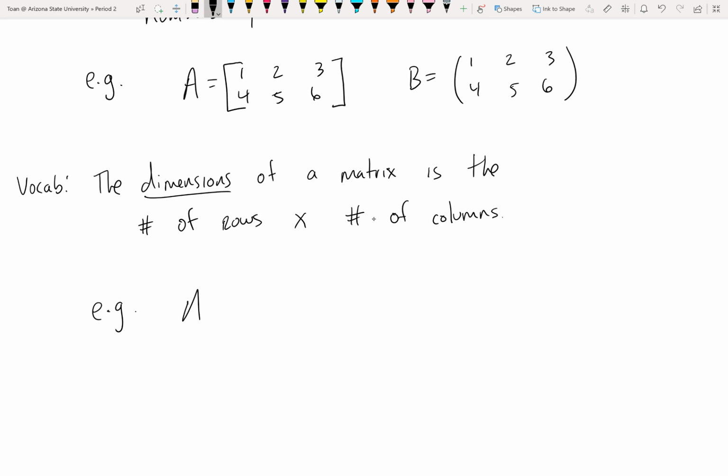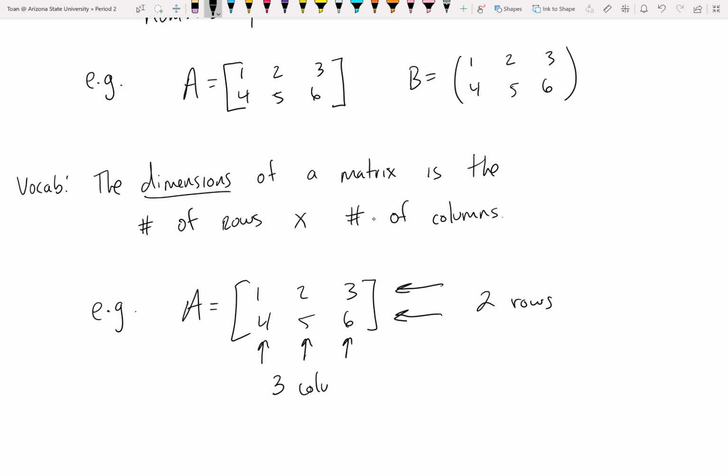Let's use our same example, my non-clever example, 1, 2, 3, 4, 5, 6. We can see that it has 2 rows. It has 3 columns. So rows are horizontal, columns are vertical.